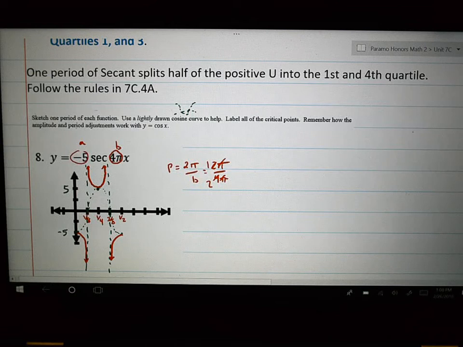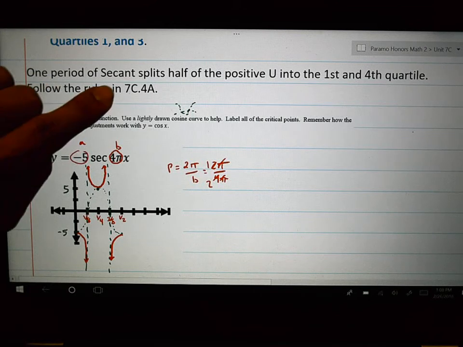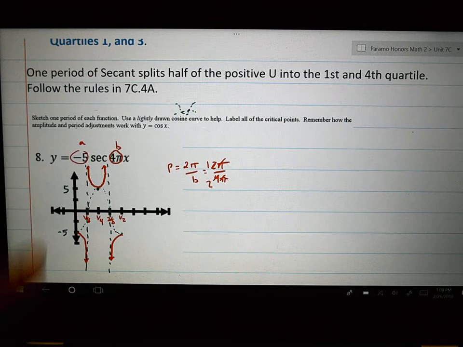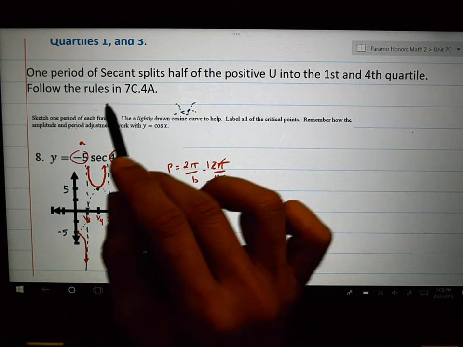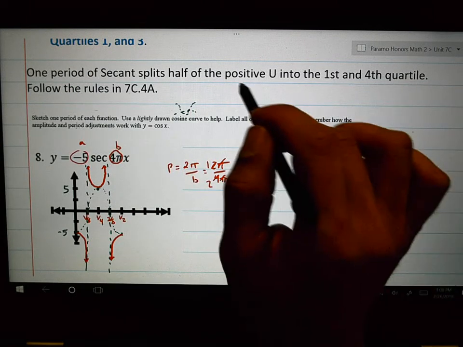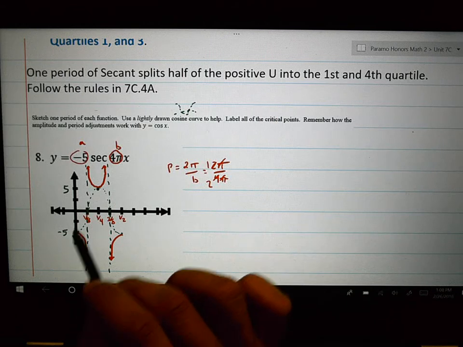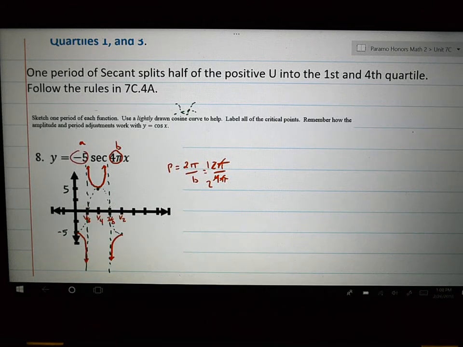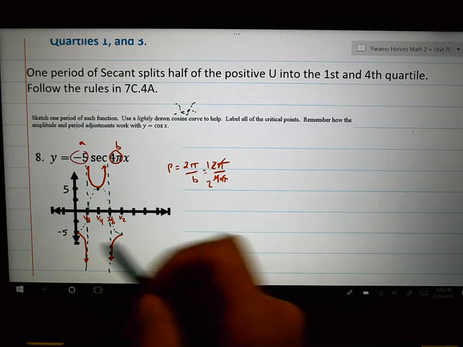The reason why I had you write down that one period of secant splits half of the positive U in the first and fourth quartile, well, I probably should not get you confused with the positive U. This was negative, so it actually split the first and the last part in half.